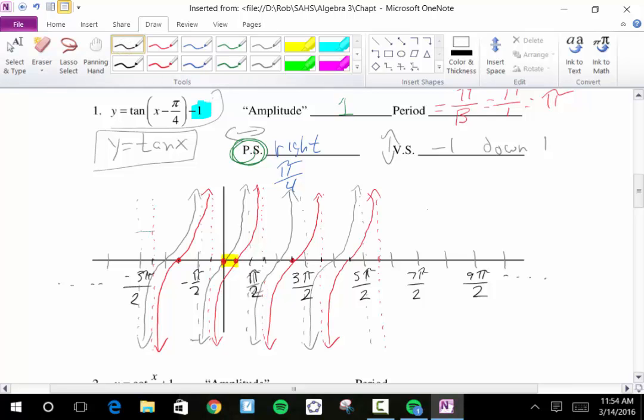So let's put a value of 1. If this is pi over 2, pi is about 3, divided by 2, so this is 1.5. I would expect 1 to be about here, maybe around here on the graph. Let's put it right there. That's negative 1, and here's 1 right there.